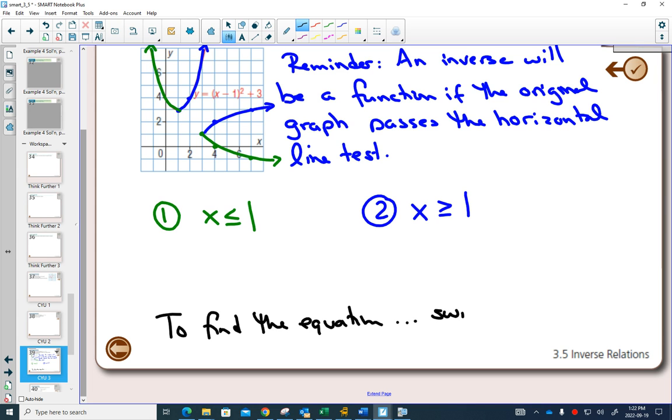What was our algebraic way? We switched x and y and solve for y. So we've got our original equation.